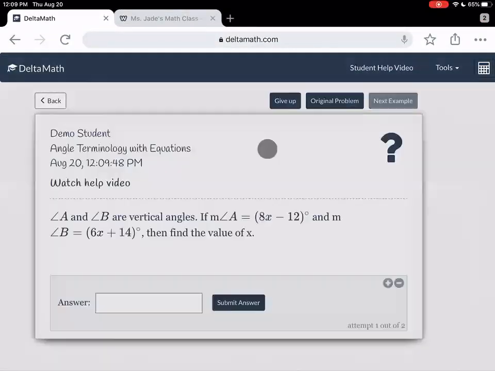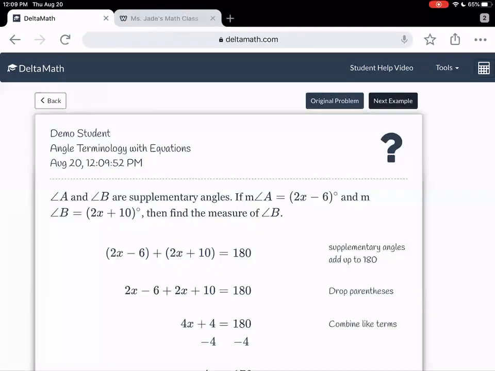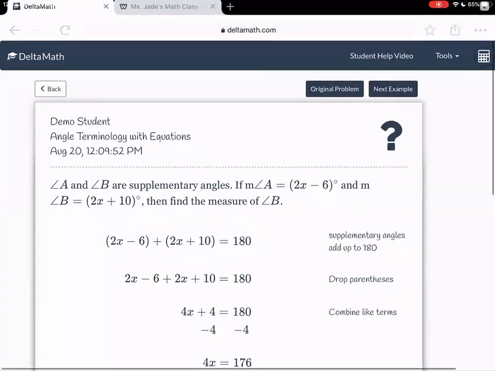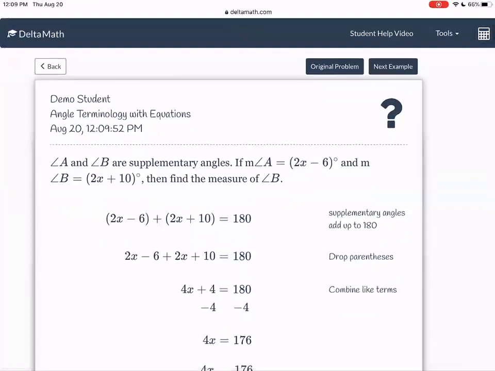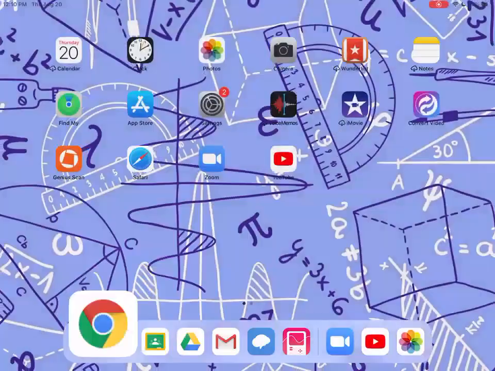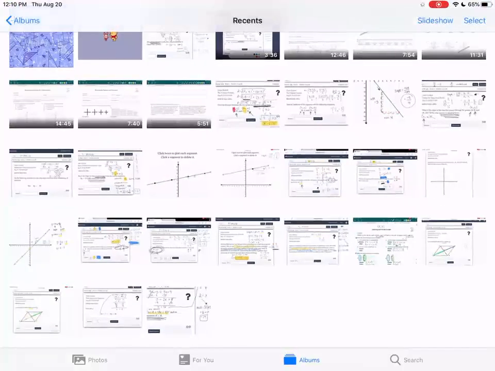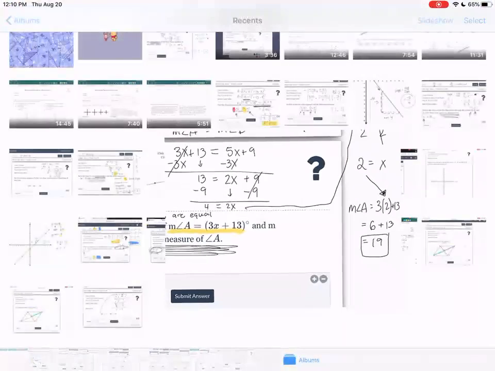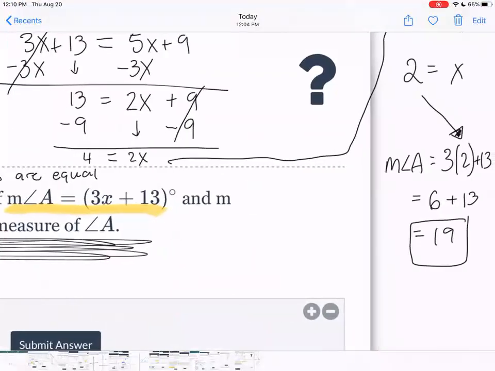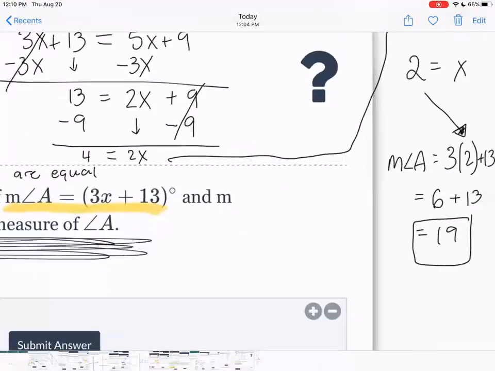Vertical angles. I have a question. Yes, question. What do vertical angles equal up to again? They equal each other. So, like, let me go back to my photos. Ooh, there's a lot of photos. Is that what it saves as?